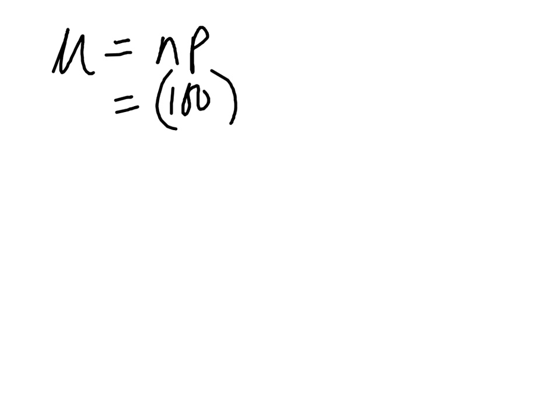All right, then the next thing that they tell us to do is find the mean and the standard deviation. You can follow along with this. The mean is np, and that would equal 100 times 0.32, or 32.